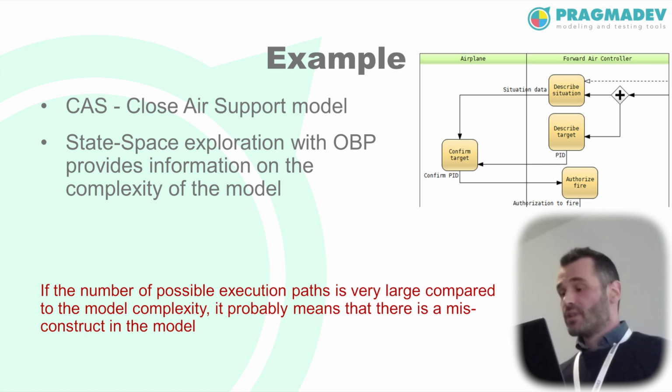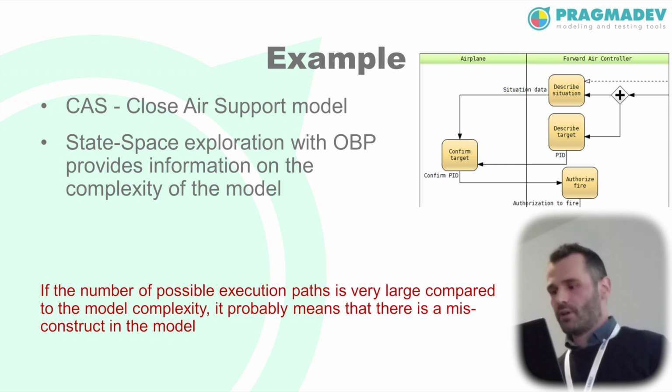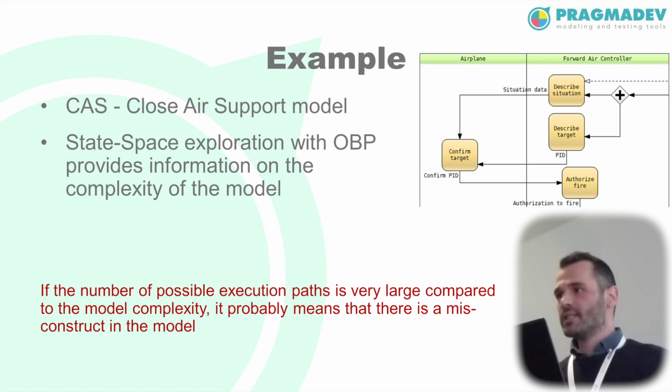This basic information actually turned out to be very informative for the model complexity, because if the number of possible execution paths is very large compared to model complexity, it probably means that there is a problem in the model.